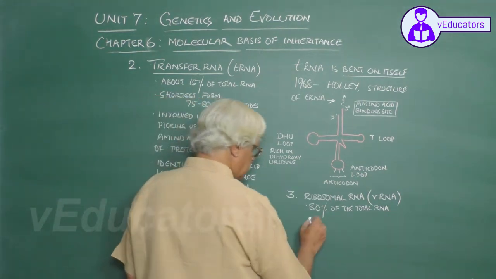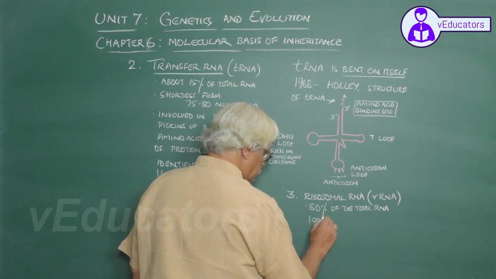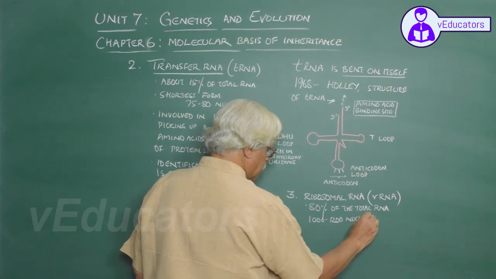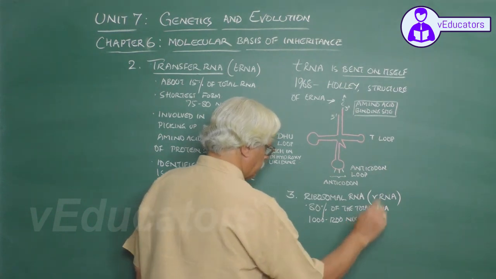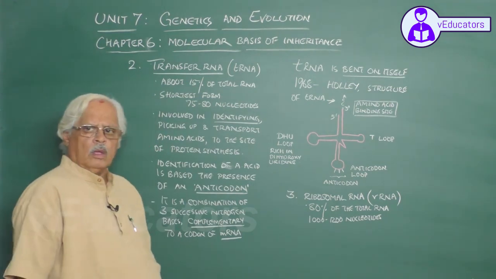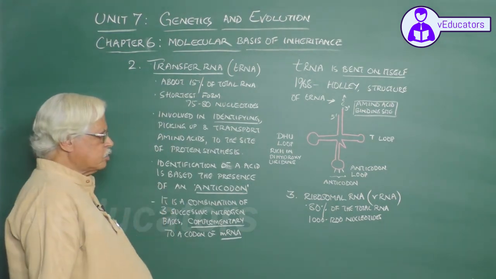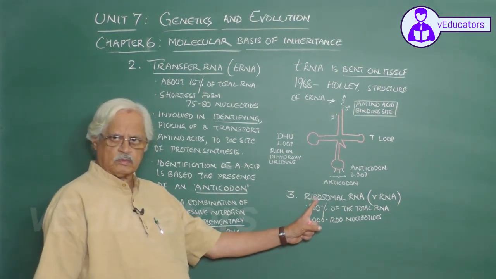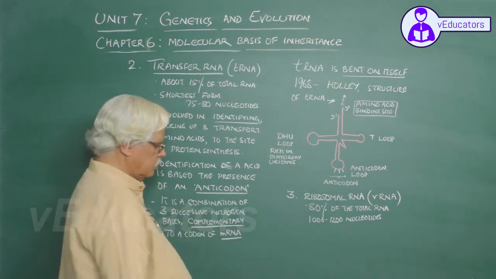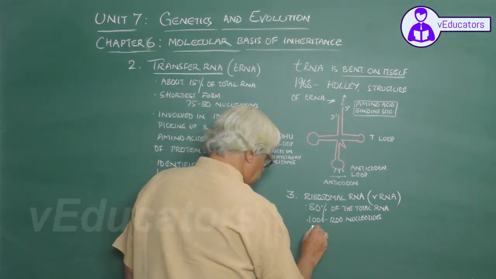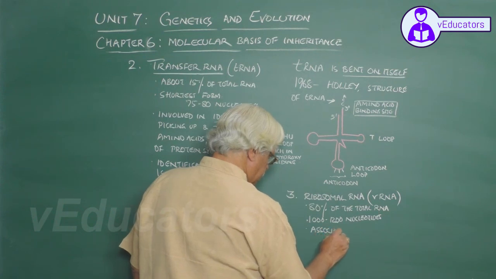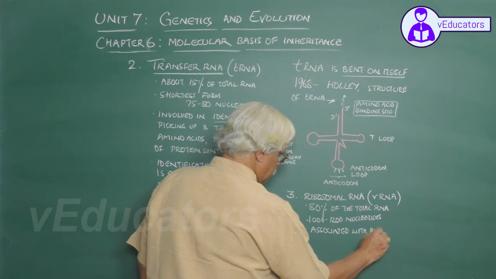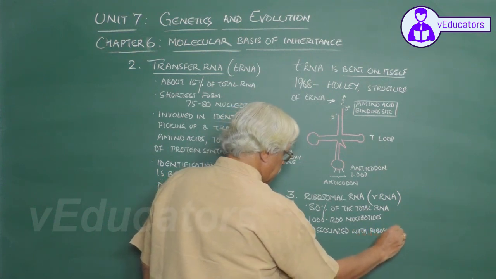It may have about 1000 to 1200 nucleotides. Ribosomal RNA is always found associated with ribosomes, and hence the name. So wherever ribosomes are found in the cell, you find ribosomal RNA.